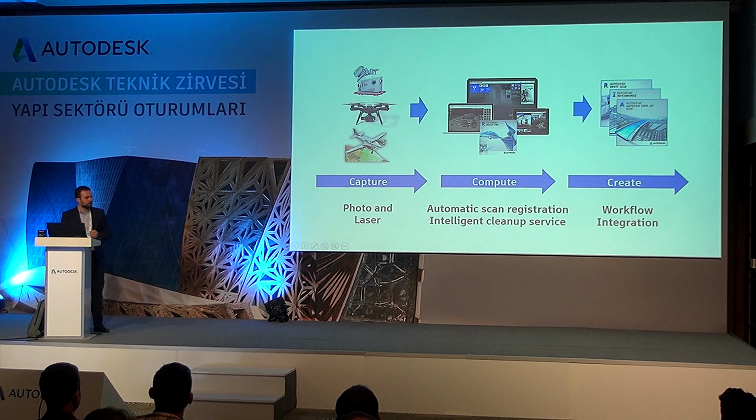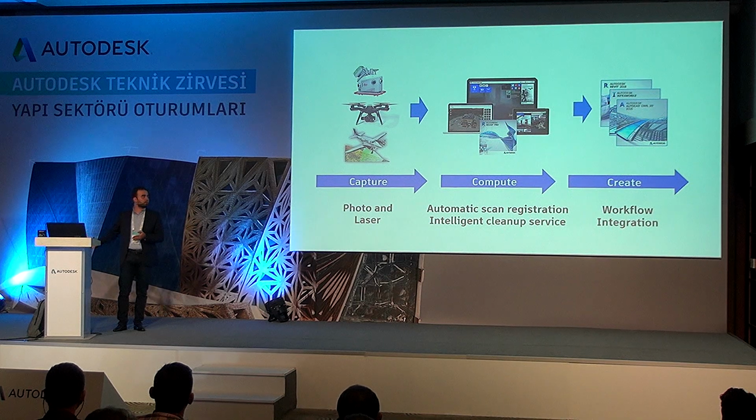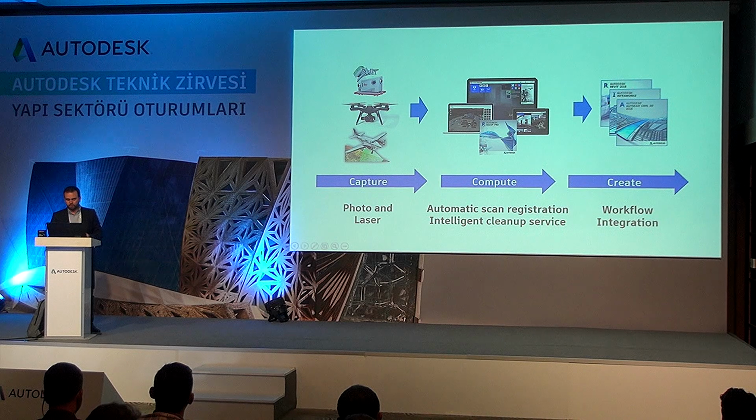To basically read file formats from different vendors or coming from different ways, and this software translates this data into a file format that Revit, AutoCAD, Civil 3D, InfraWorks, and others can read. So Autodesk Recap is the middleman, the translator between the hardware and the software tools available out there and the Autodesk design tools.